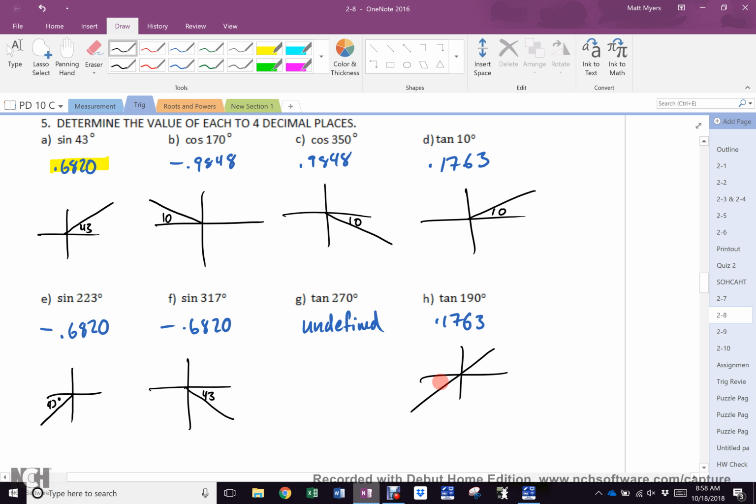Same digits. There's 10. And 270 is undefined. Why? Because it's a 90 degree. Everybody cool? Right? The reference angles will give me sine values, which will allow me to find actual theta. Is everyone good? Sweet!